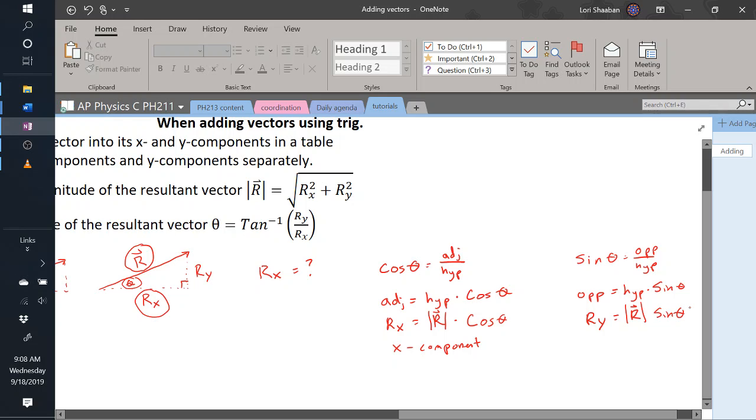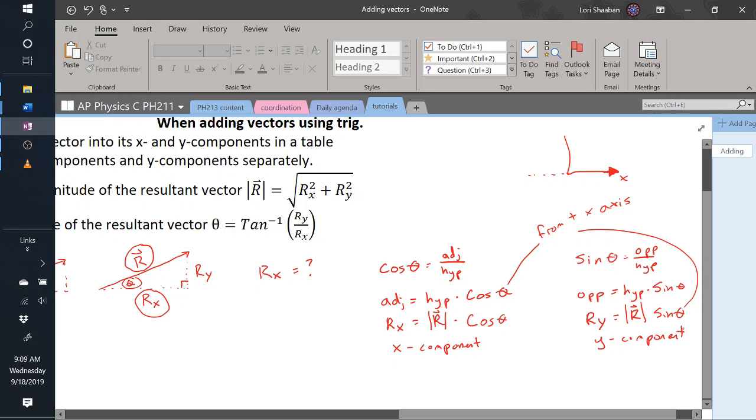This always works if the angle that you're referring to is from the positive x-axis, meaning it's always from this axis right here. Now, you can do it from the negative x-axis as long as you're dealing with the negative signs properly. So this is your y component.